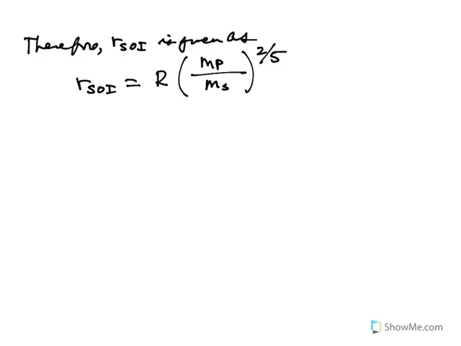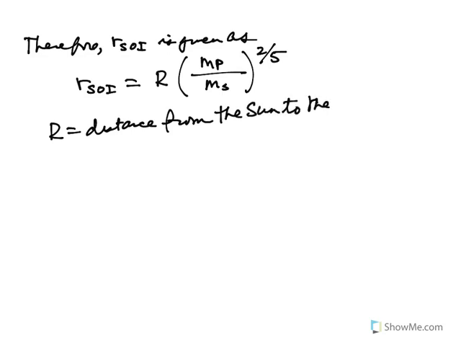Now what's really important here is that remember that big R is the distance from the sun to the planet.